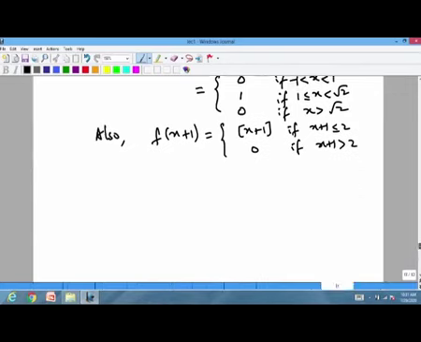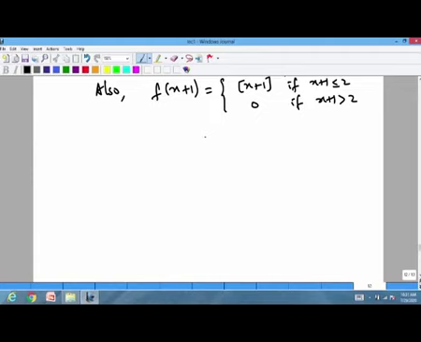So, this is equal to greatest integer of x plus 1 if x is between minus 1 and 1, and this is 0 if x is bigger than 1.